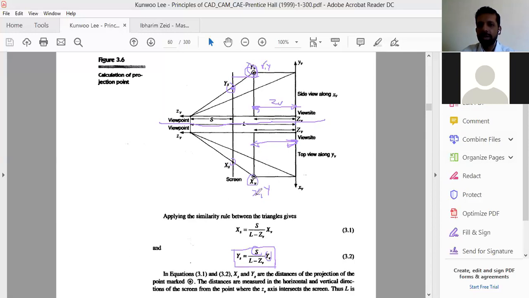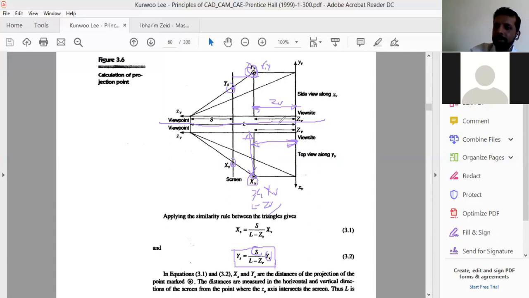So this x value is nothing but L minus zv, comma the y value, sorry, the xv value, nothing but the distance from here to here to represent this point. So if we know this, then we can get this point, by how much it has to reduce onto the screen.